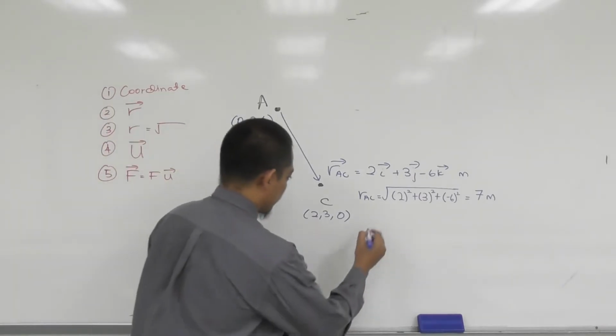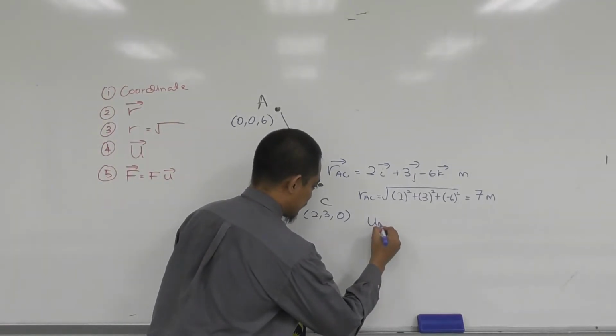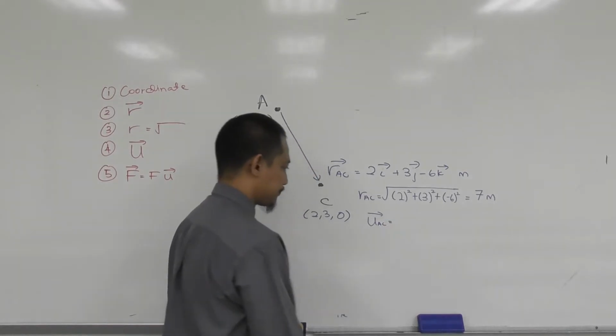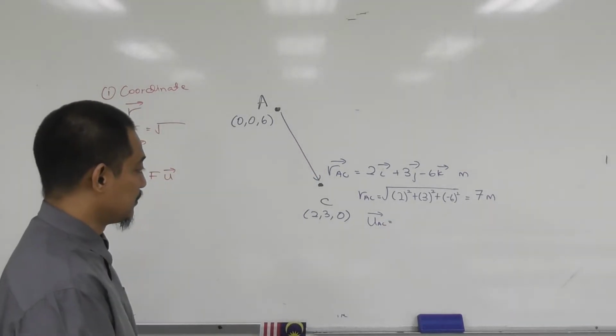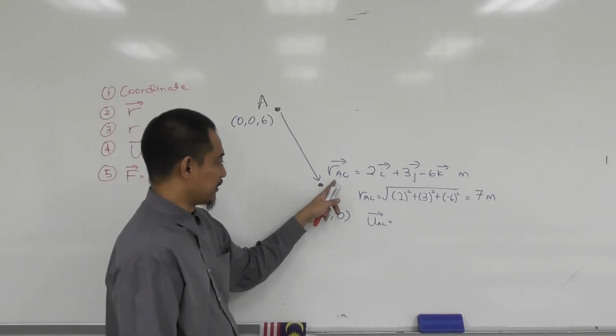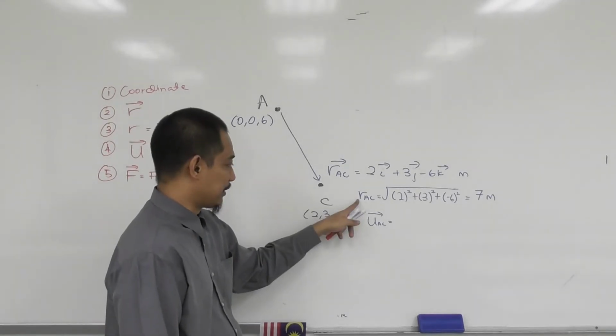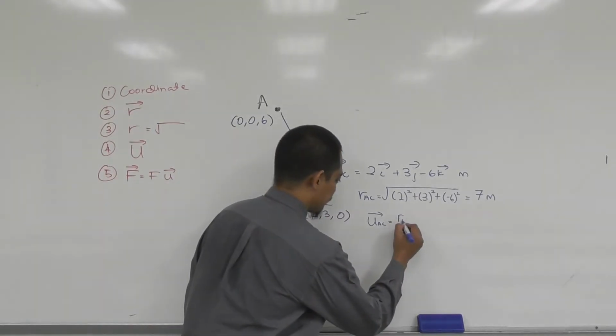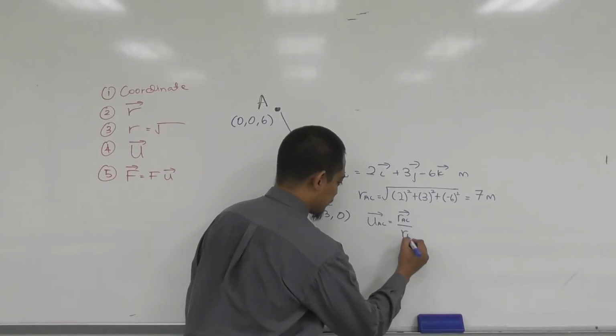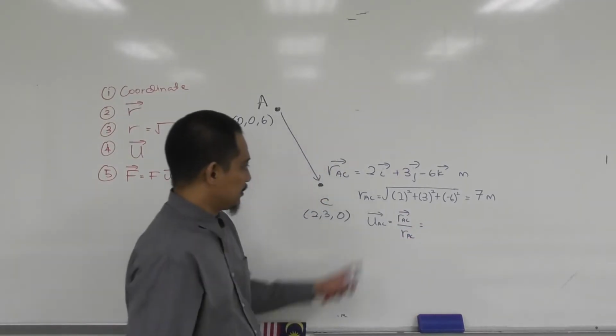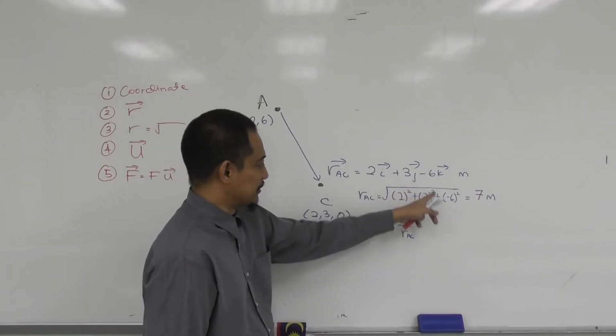Next is to get unit vector UAC. Right? UAC. How to get this? It's basically just RAC vector divided by RAC magnitude, right? RAC vector divided by RAC magnitude. So basically 2i plus 3j minus 6k divided by 7.